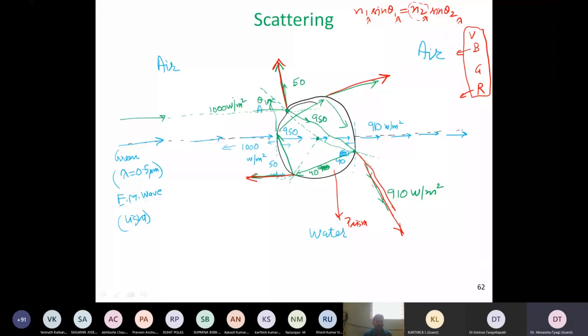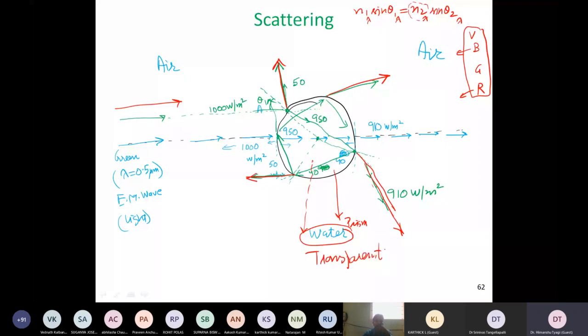And when this happened multiple times, so this light which was coming over here, and I'm talking about a transparent water droplet, because water is very, very transparent. Can I say water is transparent with full authority or full confidence? I can do so by going back to this particular slide over here.